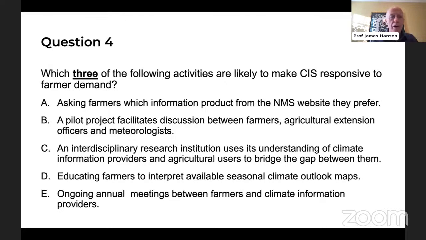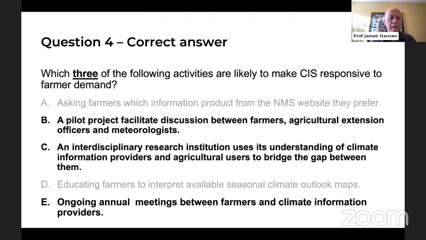And number 4, which 3 of the following activities are most likely to make a climate service responsive to farmer demand? The correct answers are a pilot project that facilitates discussion between farmers, agriculture extension officers, and meteorologists; an interdisciplinary research institute that uses its understanding of climate and agriculture to bridge the gap between them.